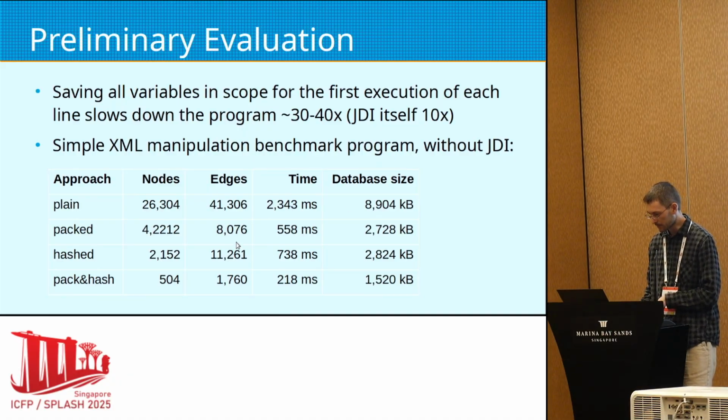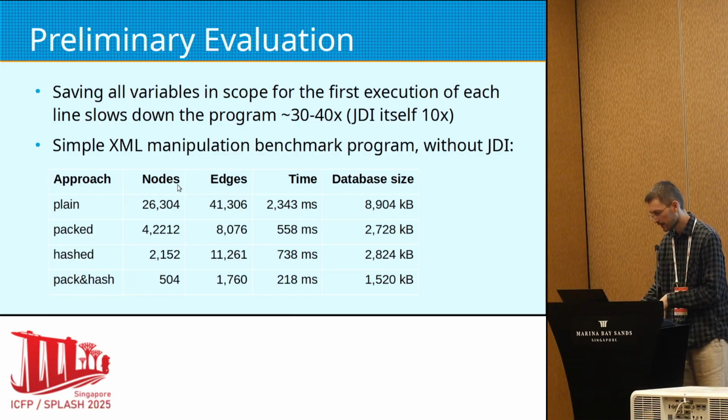Now we performed some other evaluation, which focused on the number of nodes, edges, and the insertion time, but without using JDI. We just mocked it with some other approach. So we compared a plain approach without any optimizations. We just straightforwardly mapped the Java memory graph into a Neo4j database without doing anything important. Then we used our packing only, then only the hashing algorithm, and then we combined both packing and hashing.